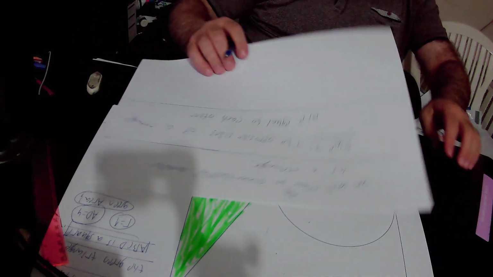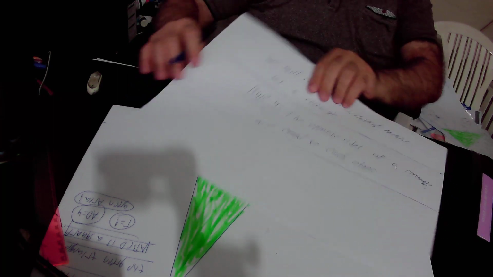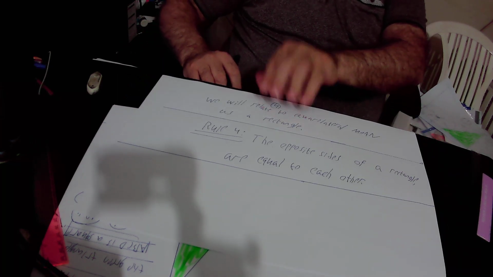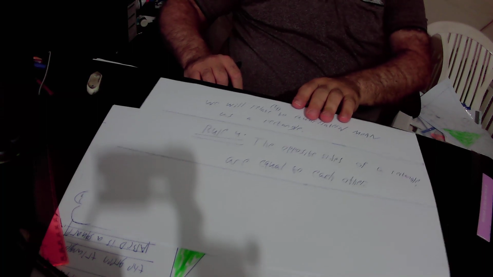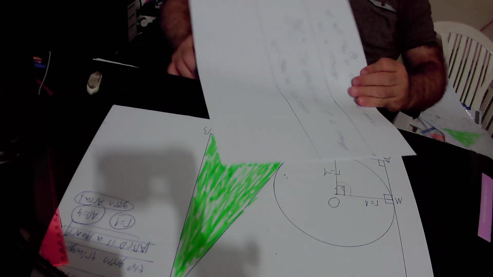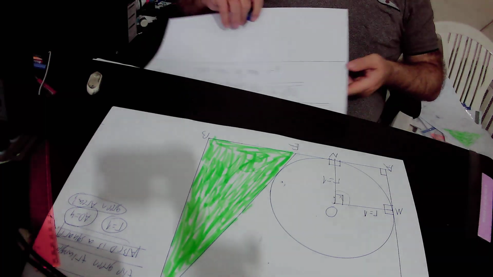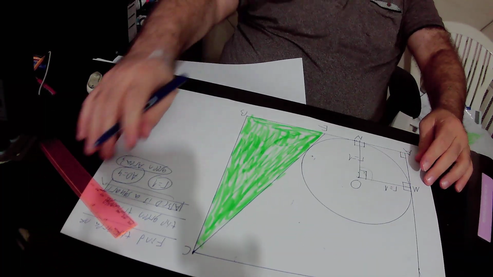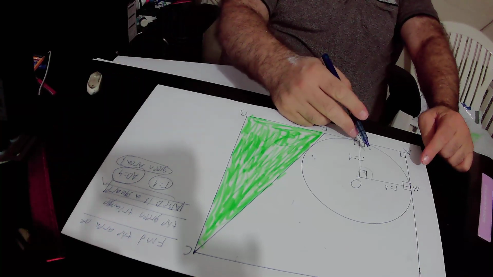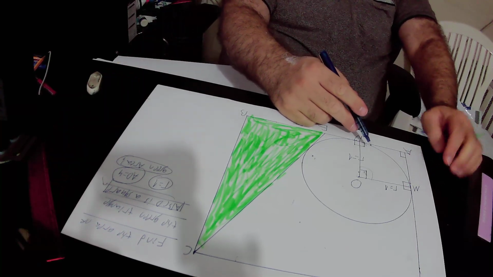So I read rule number 4 again. Rule number 4 states that the opposite sides of a rectangle are equal to each other. And actually, as I've already said, quadrilateral MOAN is a rectangle.